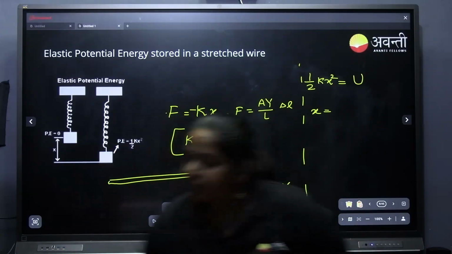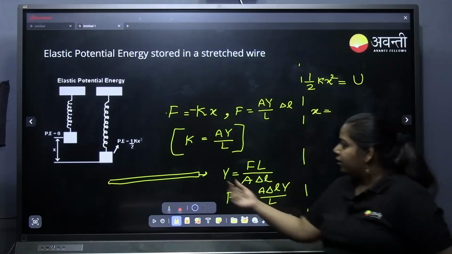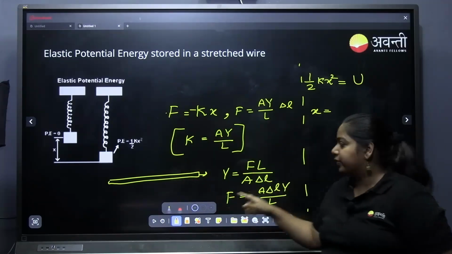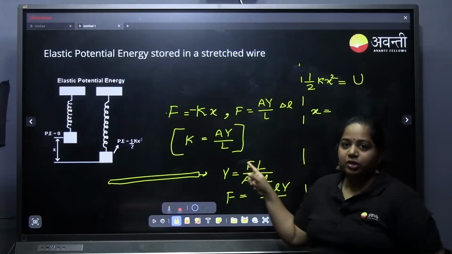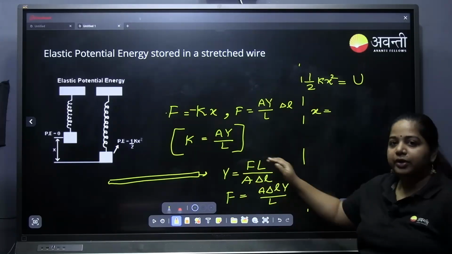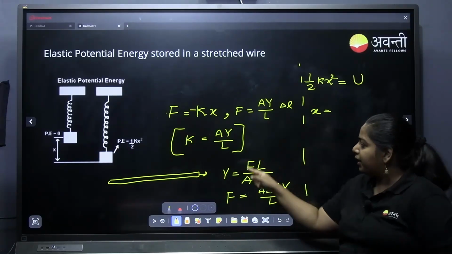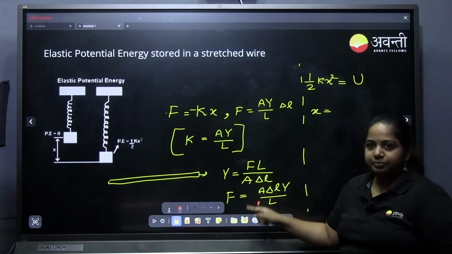Didn't understand. From the stretched wire, from the Young's modulus equation, we have this, right? For a stretched wire, Y equal to FL by A delta L. In this, I am equating F equal to this.